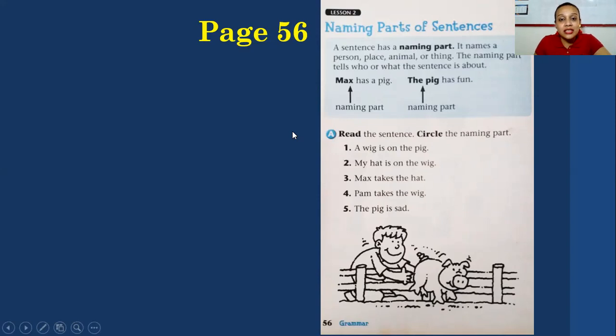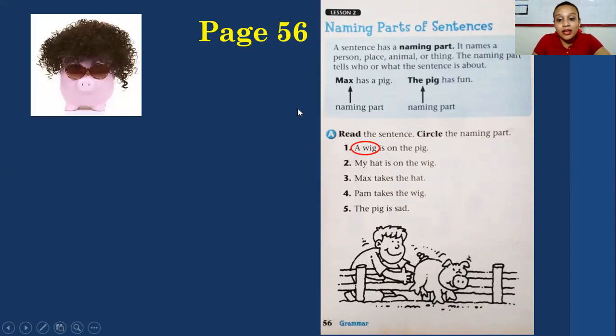Which of these is the naming part of the sentence? Yes, a wig is the naming part. Look, this is a wig. A wig is on the pig. Can you imagine a pig with a wig? Look, a wig is on the pig.